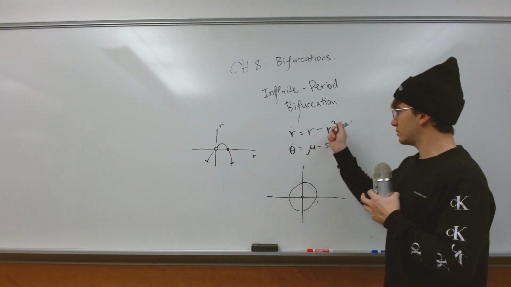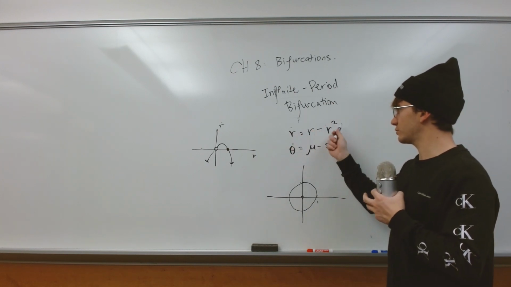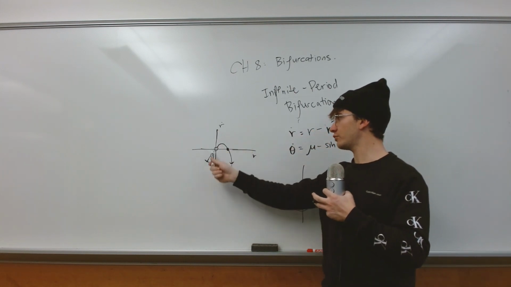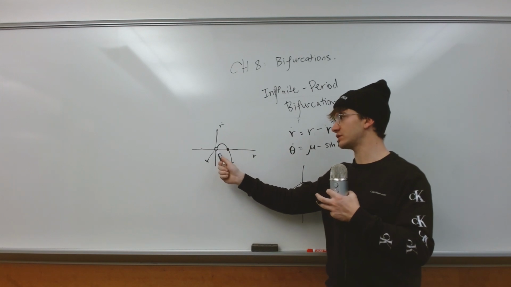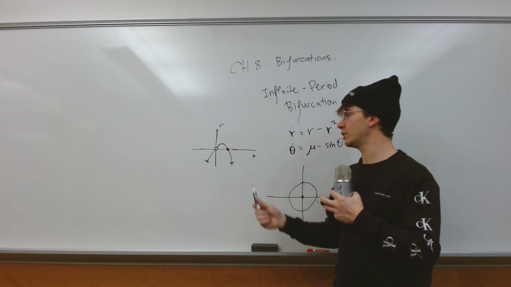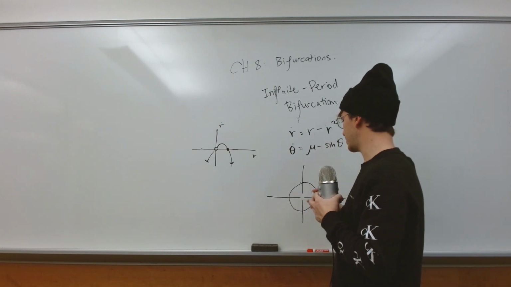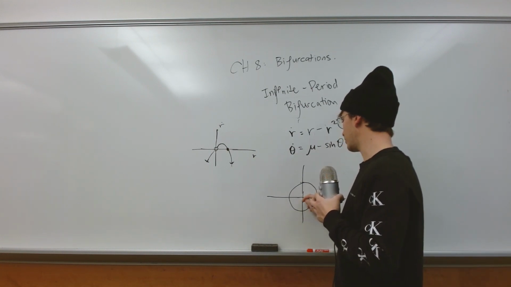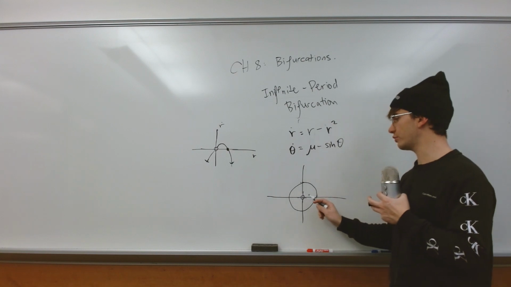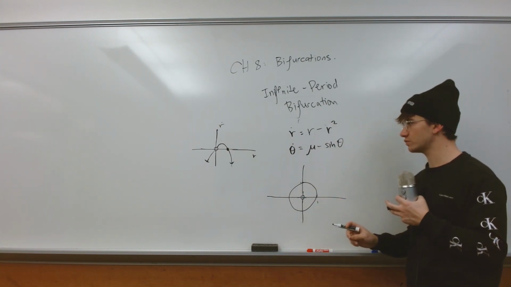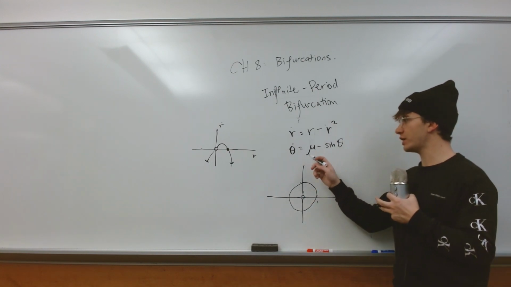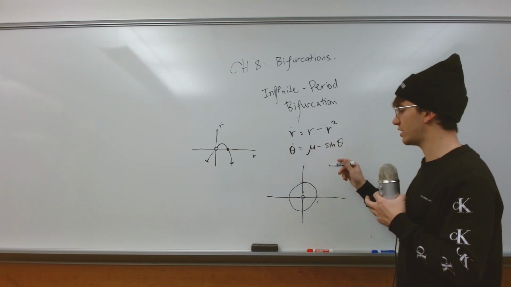Going back to this example, if r dot is equal to r minus r squared, and we draw the phase portrait for this, we're going to have an unstable fixed point at the origin and a stable non-trivial value of r. That corresponds in two-dimensional space to an unstable spiral at the origin and a stable limit cycle at r equals 1. And to determine the direction of this, let's say mu starts off as something large.